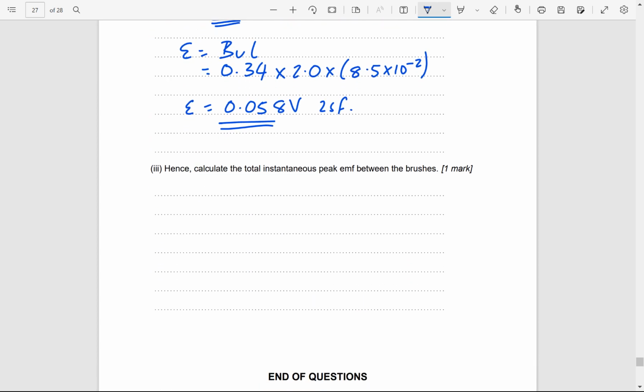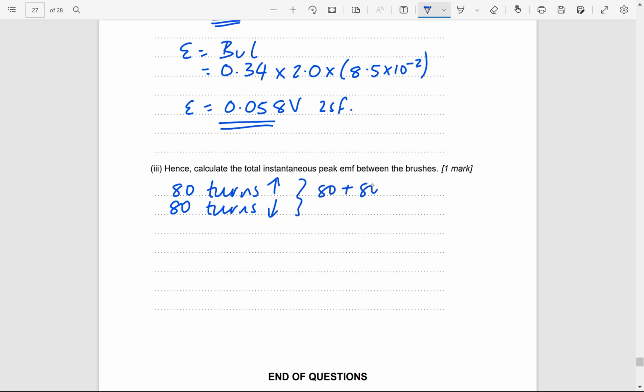Hence, calculate the total instantaneous. So we've got 80 turns. I was about to say wires. Sorry, I think I said wires in the previous question. Turns moving up, and we have 80 turns moving down at the same time.